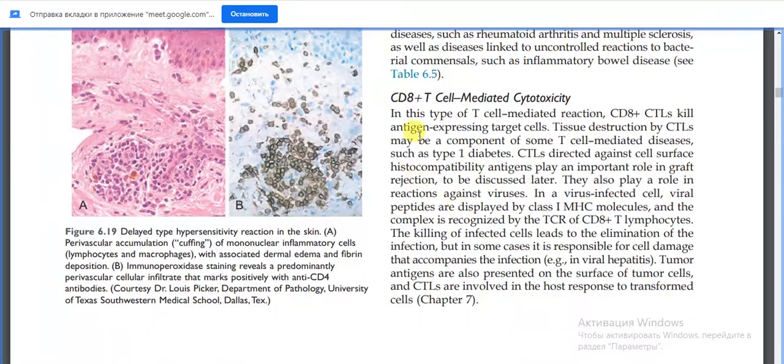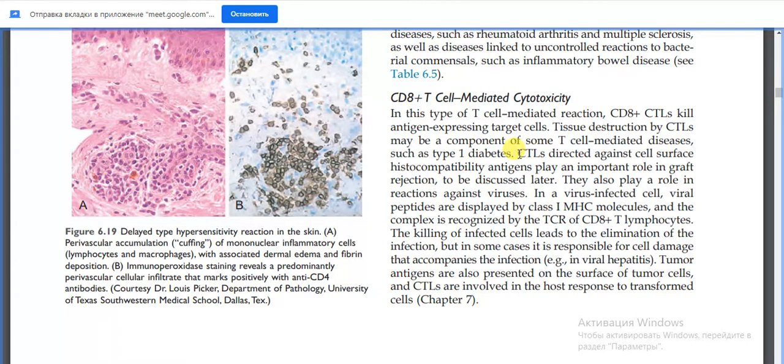And CD8 positive T cell mediated cytotoxicity. This is the most dangerous type of cytotoxicity, because the cells directly kill antigen expressing target cells. This tissue destruction by CTLs may be a component of some T cell mediated diseases such as type 1 diabetes.